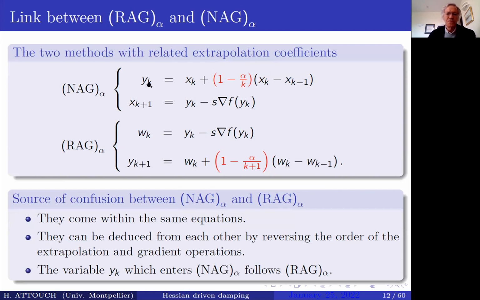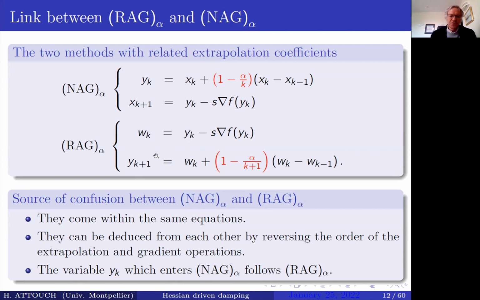For NAG, I use the variable x_k. I consider this algorithm as generating the sequence x_k. See, you have x_k from x_{k-1}, extrapolation y_k, and then a gradient step. And for RAG, the sequence which is generated I write y_k.